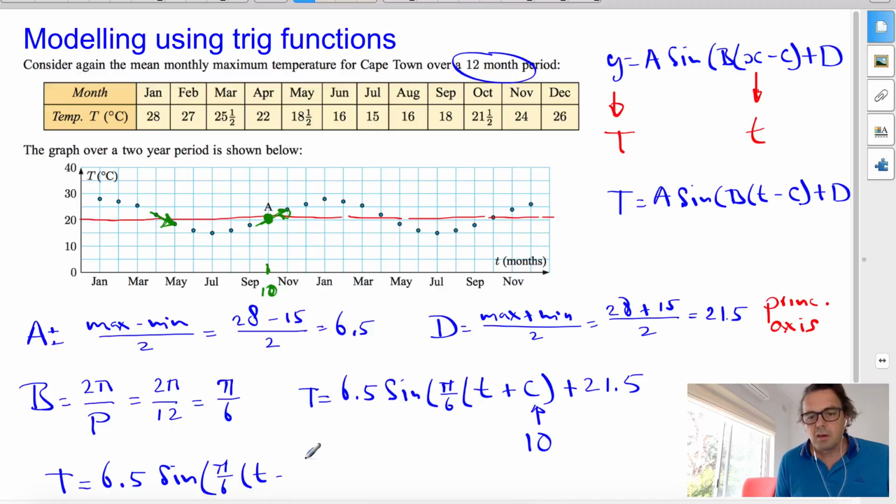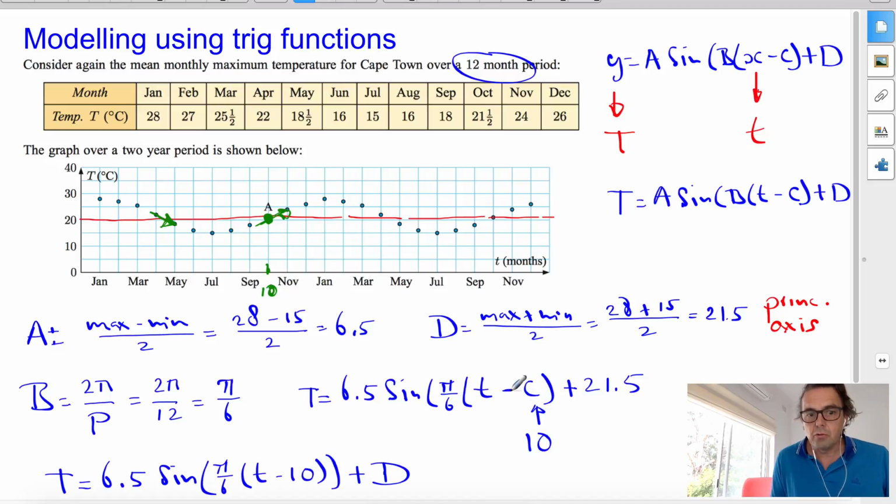T take 10 plus D. Now where did that, oh, I made a mistake. I had this negative sign all over the place already. I just made a mistake. This never needed to be a positive. It's always a negative there.